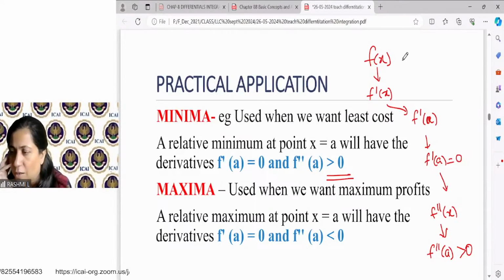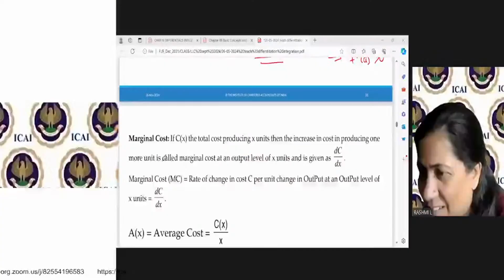Okay, this is for minima. Take the function, find its derivative, substitute the value A into it. Yes.